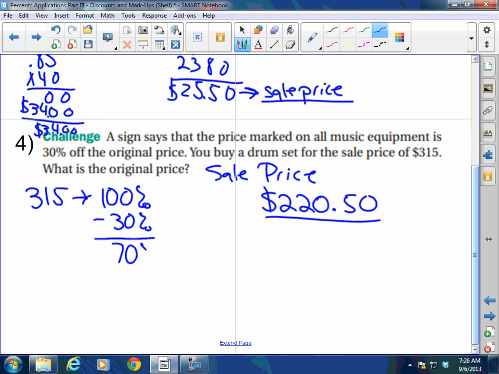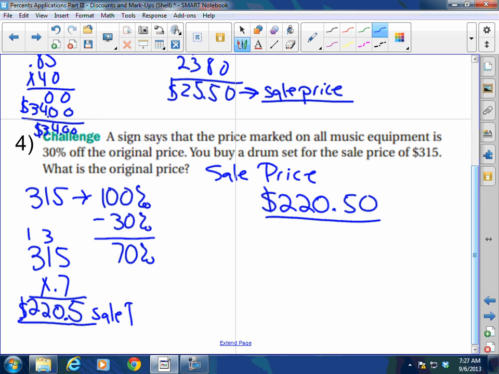You're paying 70% of the original, so 315 times 0.7. That's going to be $220.50. That's your sale price.